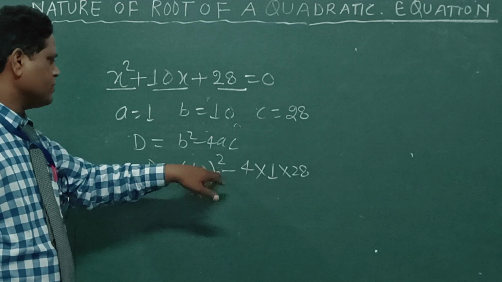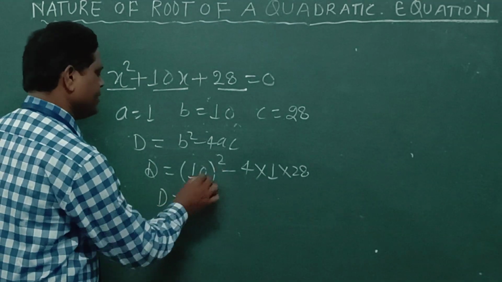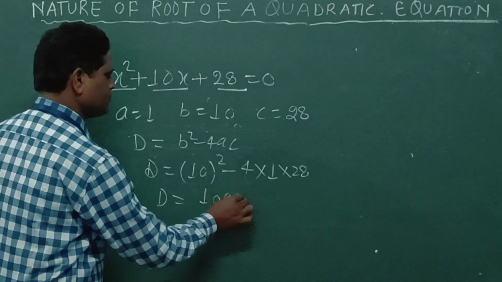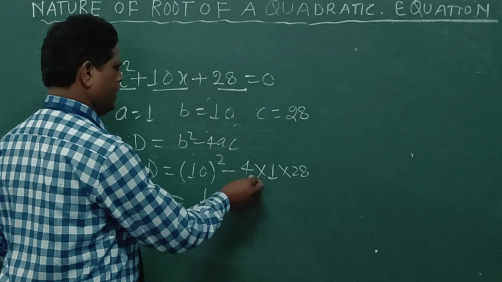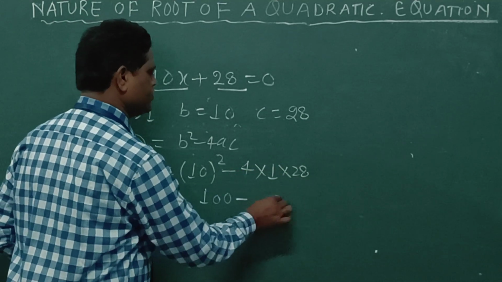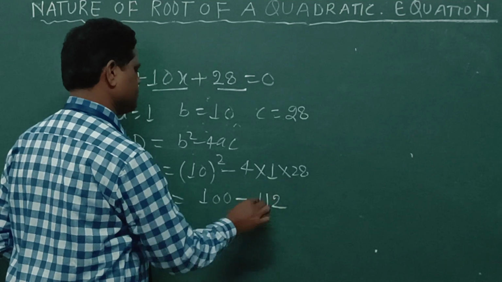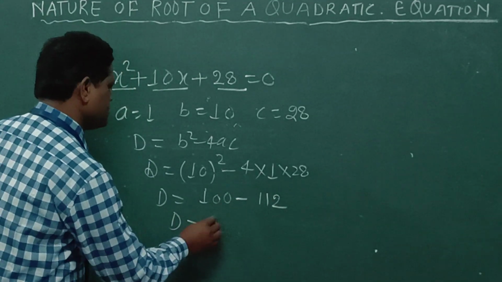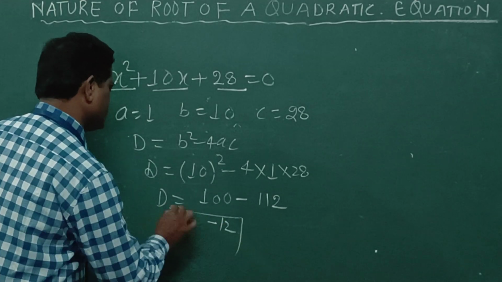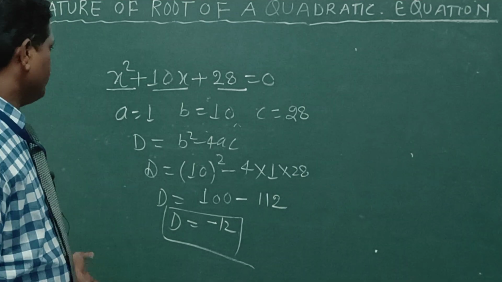D equal 10 square minus 4 into 1 into 28. 10 square is 100, and 4 times 28 is 112. So D equal minus 12. Find the value of D.